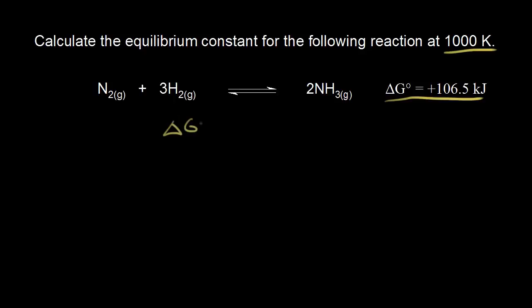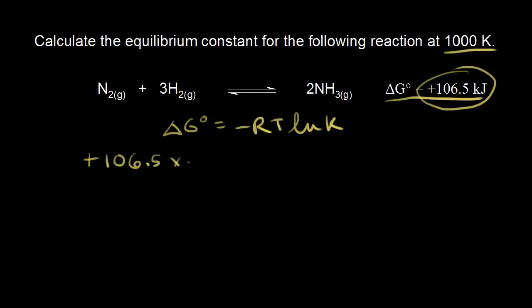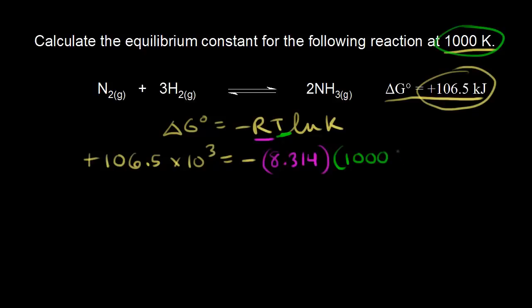So delta G0 is equal to negative RT natural log of K. This time we're putting in positive 106.5 kilojoules, which is positive 106.5 times 10 to the 3rd joules, is equal to negative, R is our gas constant, 8.314. I'll leave units out of this just to make it a little bit clearer, times the temperature, which is 1000 Kelvin, times the natural log of the equilibrium constant K.